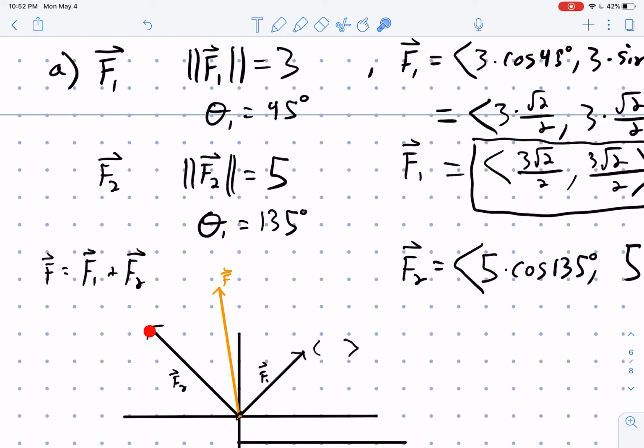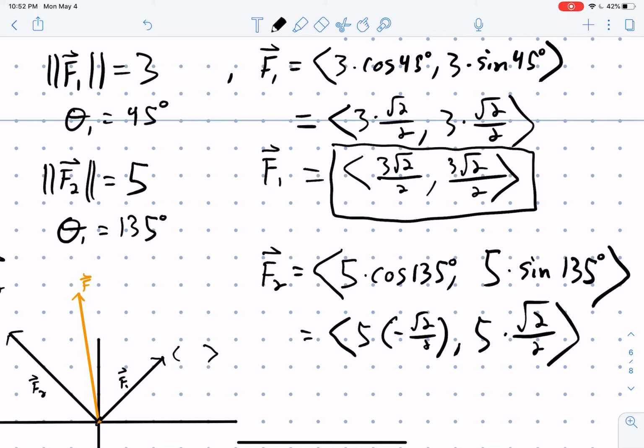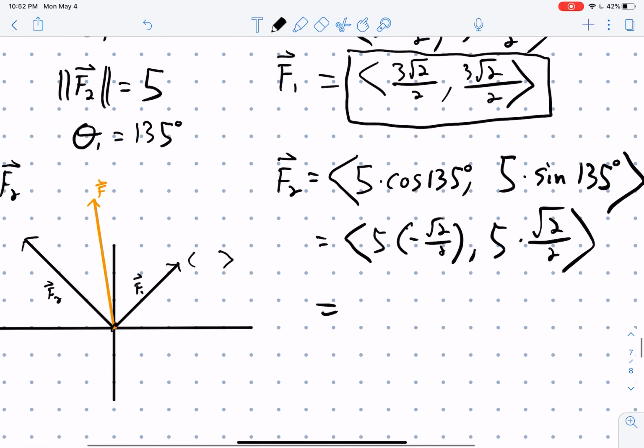So the cosine is negative radical 2 over 2 and the sine is radical 2 over 2. Let's plug those in. This is 5 times negative radical 2 over 2, and then 5 times positive radical 2 over 2. Combining, we get negative 5 radical 2 over 2 and 5 radical 2 over 2.